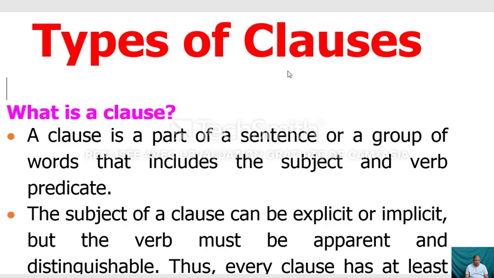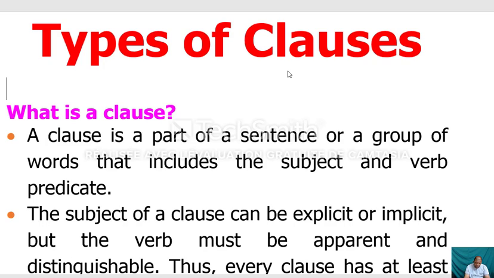However, when we want to discuss what a clause is, we are going to say that it is a part of a sentence or a group of words. But what is the difference between the phrase and the clause? The phrase is subjectless and verbless, whereas the clause has a subject and verb predicate.